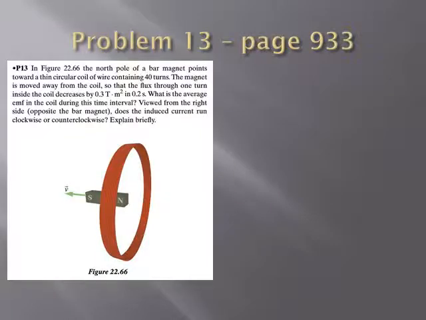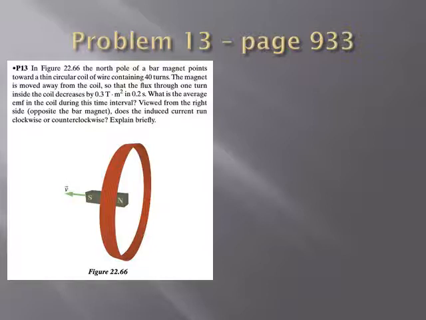How about another example of using Faraday's law? This is problem 13 in the textbook, and we have a north pole of a bar magnet pointing towards a thin circular coil of wire containing 40 turns.